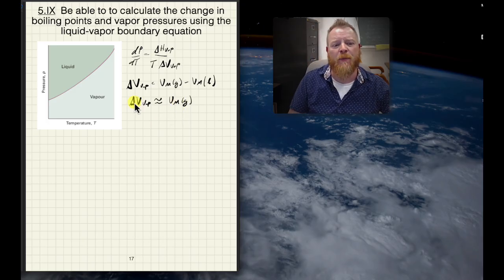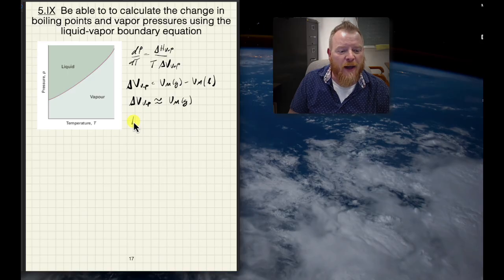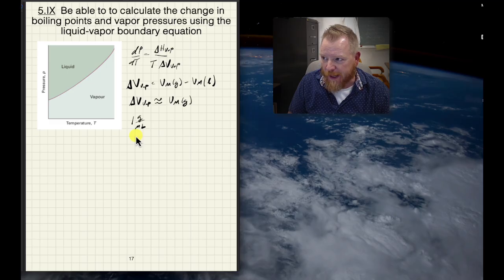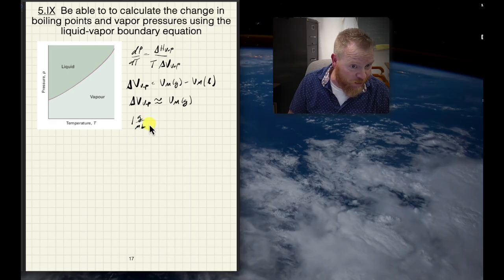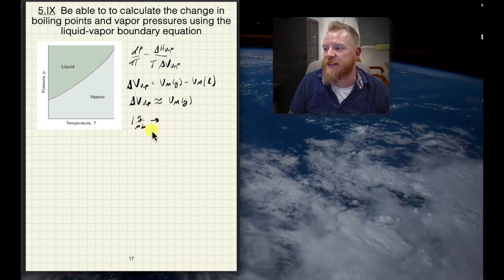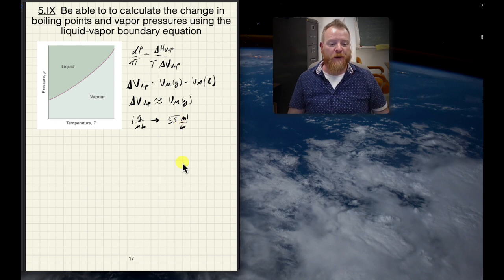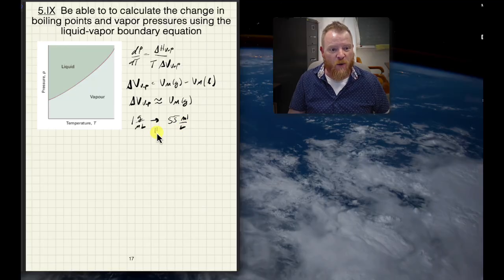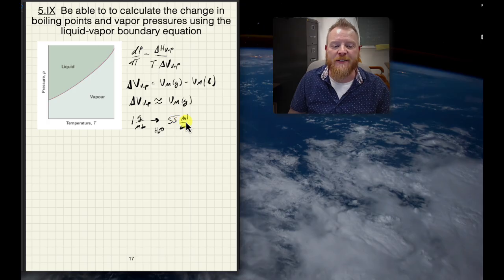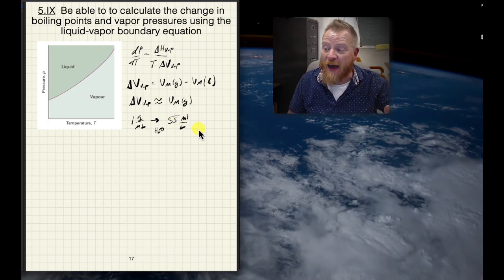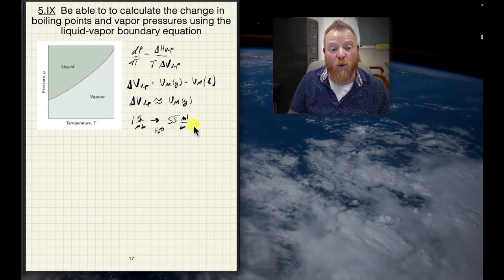I'll give you an example of that. If I look at a typical liquid density, 1 gram per milliliter, and go through that for liquid water, that becomes the same thing as 55 moles per liter. All I did was turn a gram into moles and a milliliter to a liter using water's molar mass. But remember, that's the density. I want to flip that to express it as a molar volume.